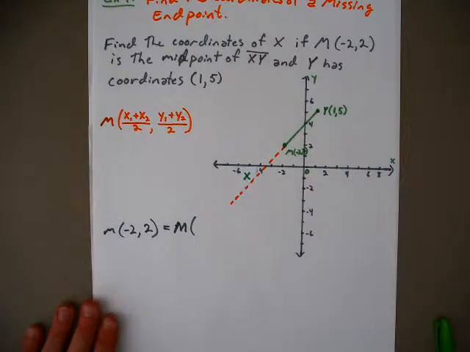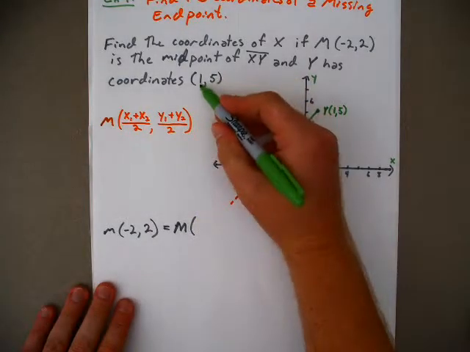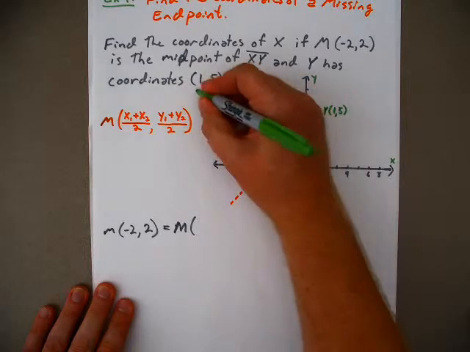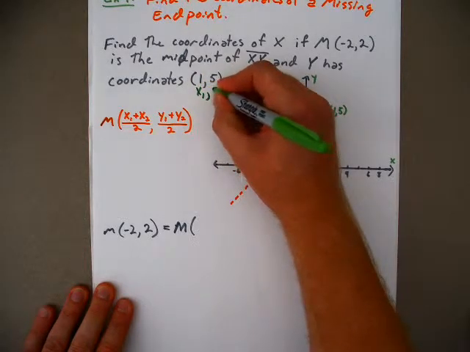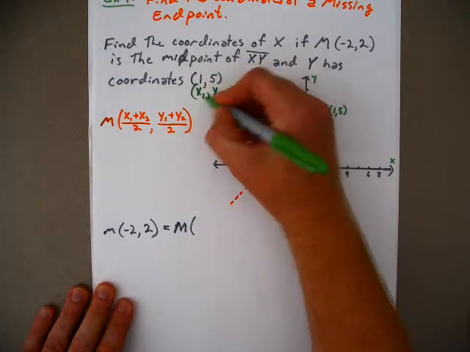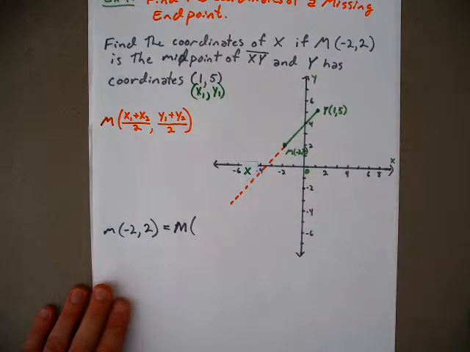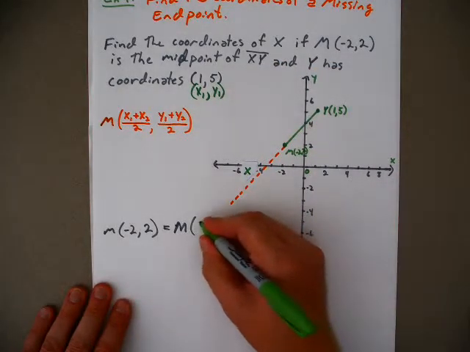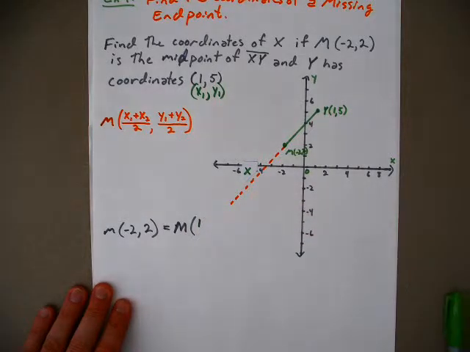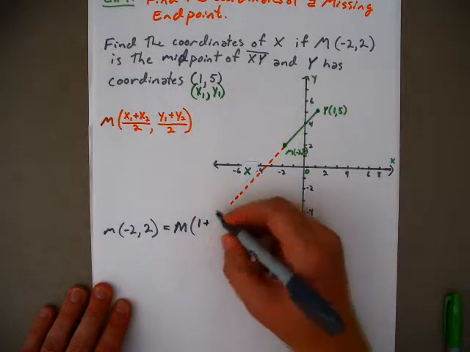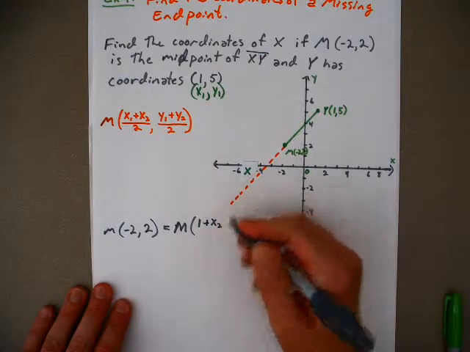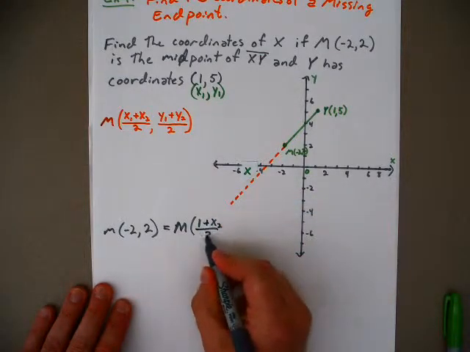Well, we don't have all the information given, but we do have at least one coordinate. And so I'm going to make this our x1 and our y1. And we can plug that information in there. So I know my x1 for this particular case is 1. So 1 plus x2, because we're going to look for x2, and we're going to divide this by 2.